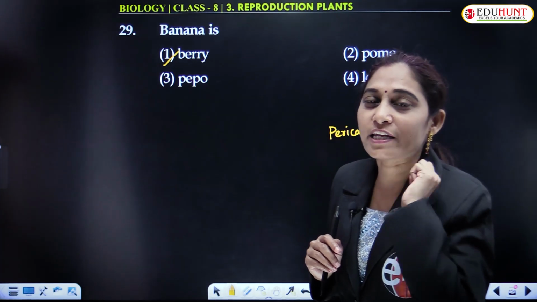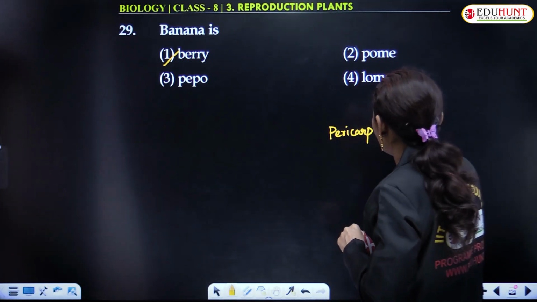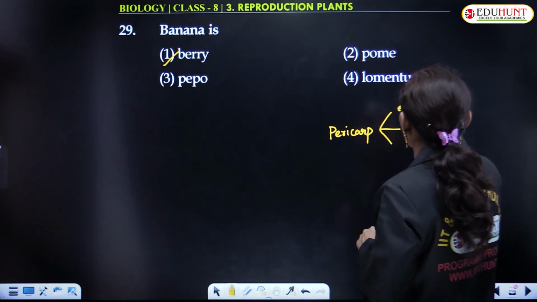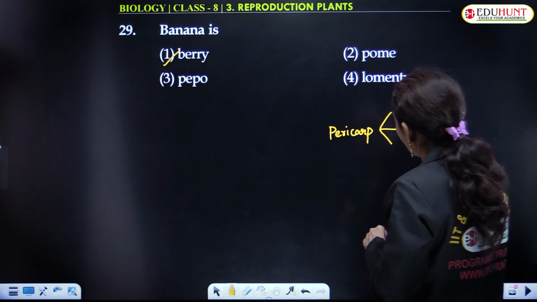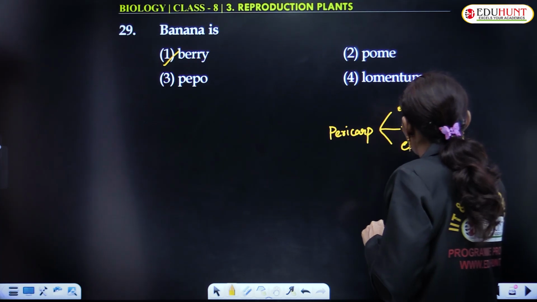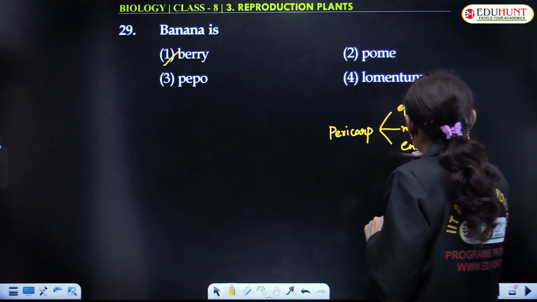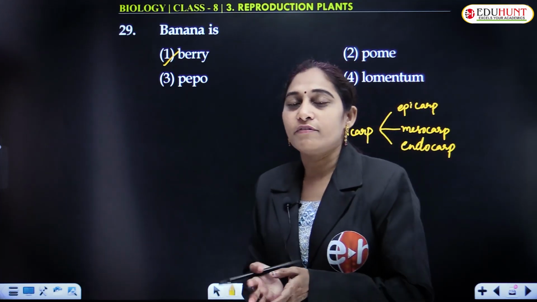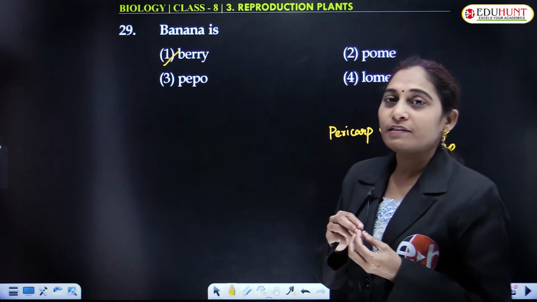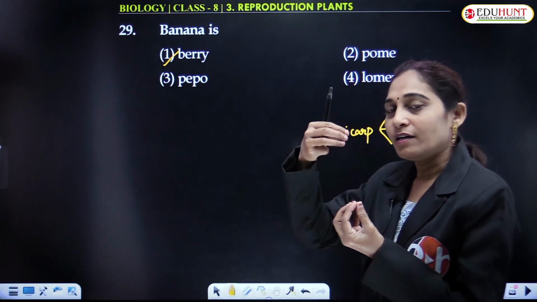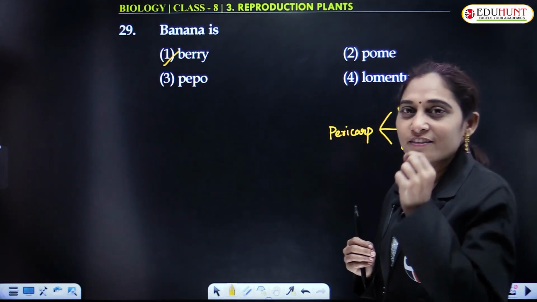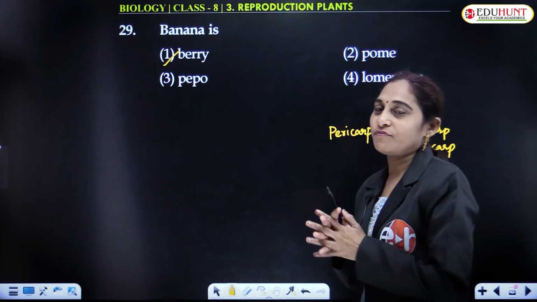Fruit cover is known as pericarp, which has 3 layers: outer epicarp, middle mesocarp, and inner endocarp. Yes, these are the 3 covers which enclose the fruit. In banana we see a skin, that is the pericarp, and inside that we see the pericarp with different layers.